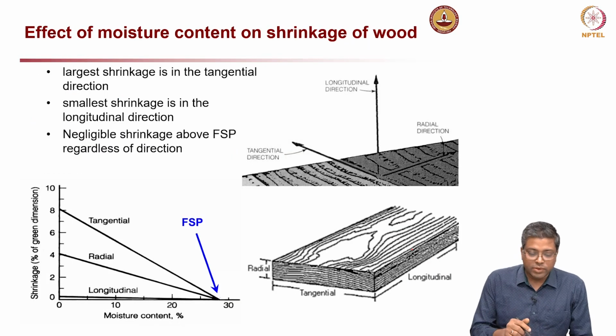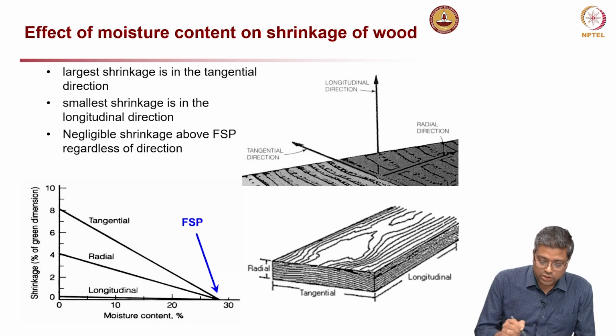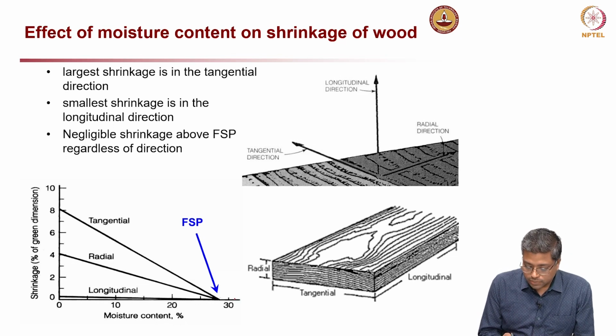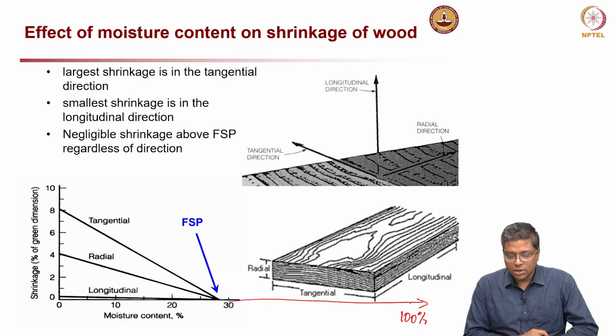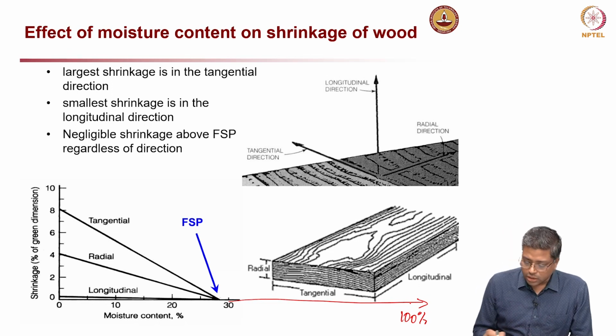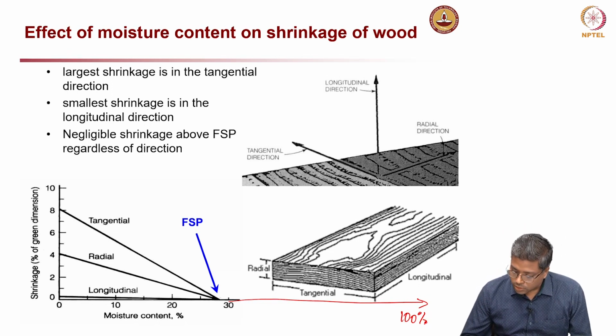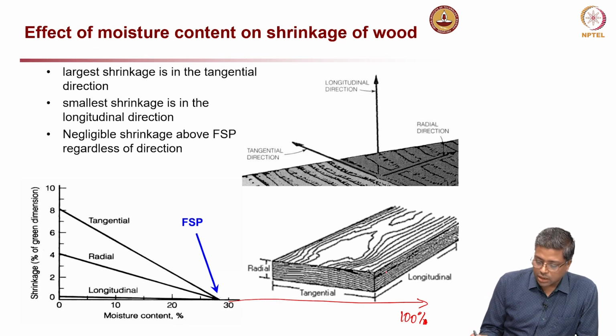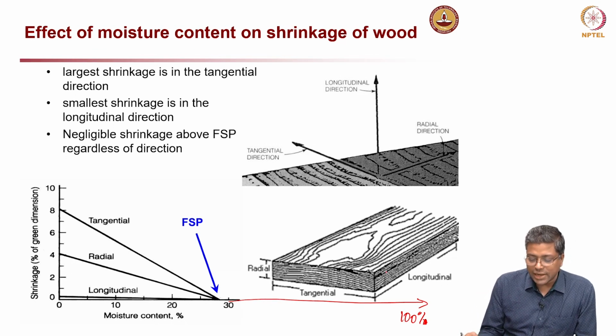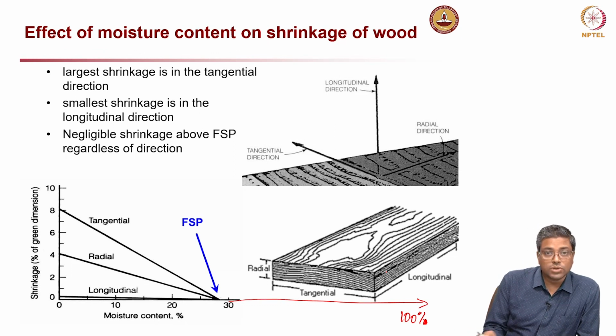Now, this is what we were just talking about, what is FSP. Let us say I am extending this to the right, and this is about 100%, fully saturated wood. Now you have to go from the right end of the graph to the left.